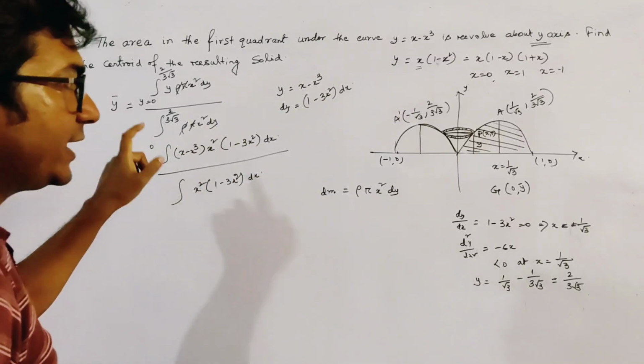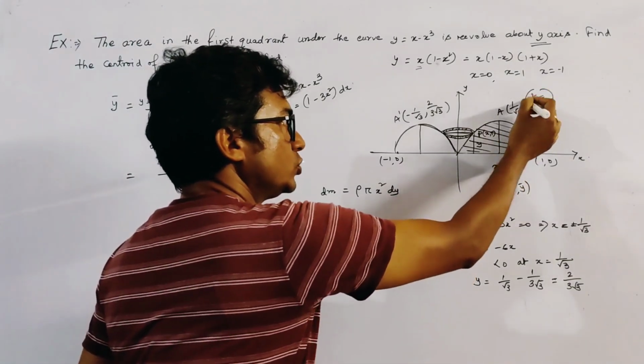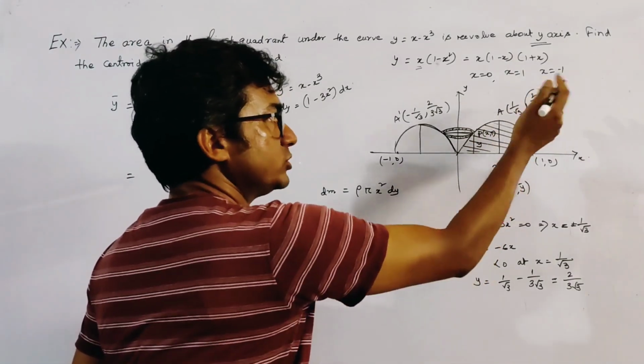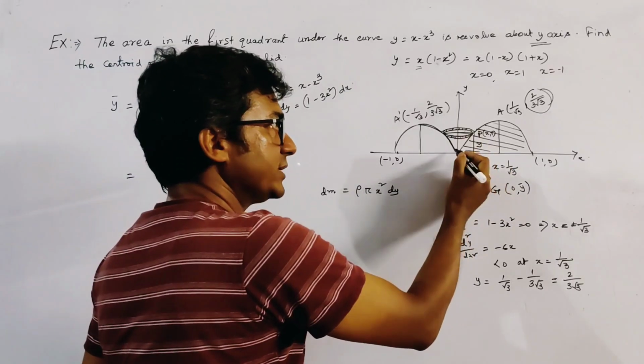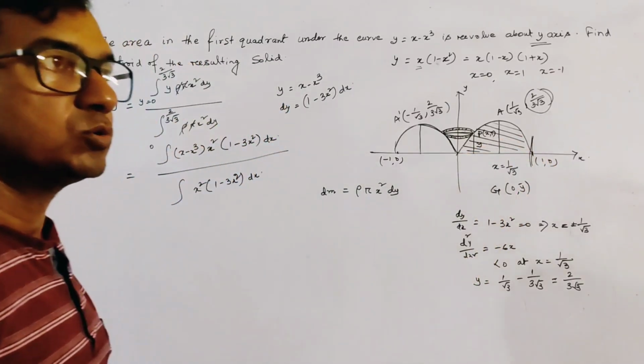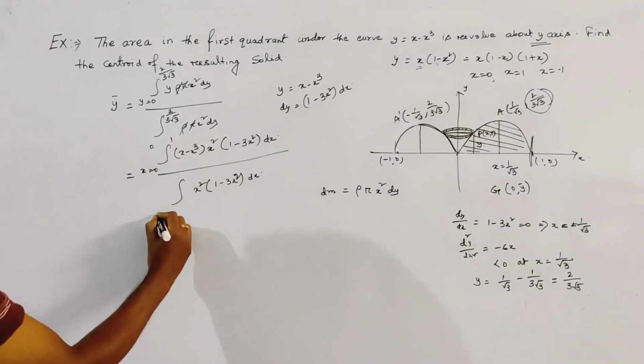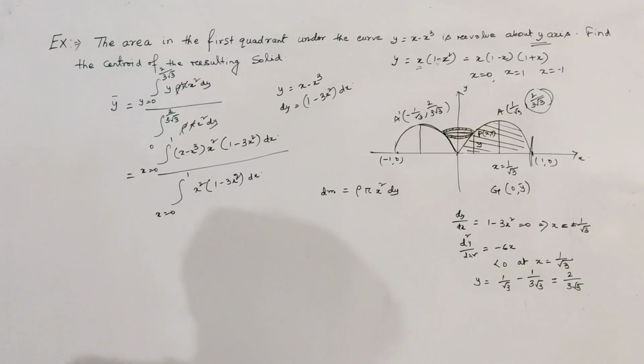Since y ranges from 0 to 2 by 3 root 3, the range of x is from 0 to 1.